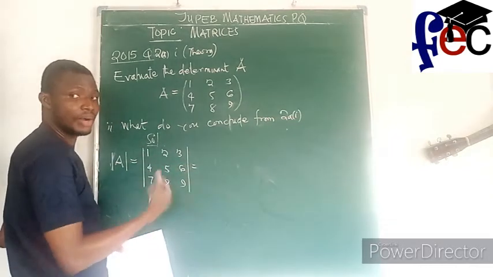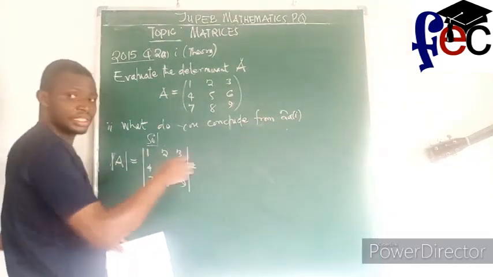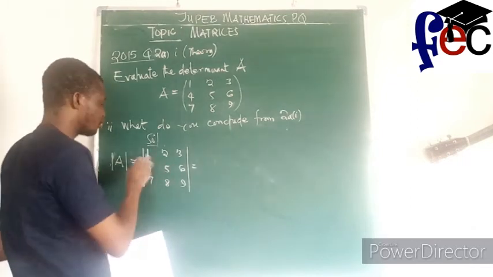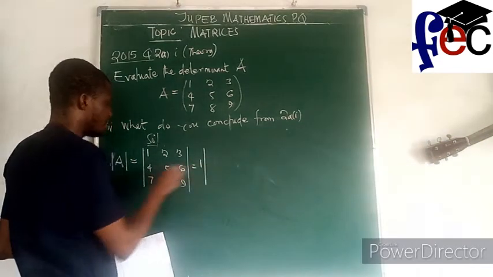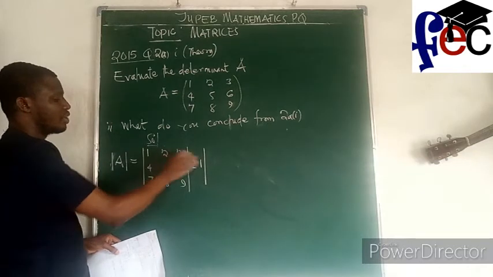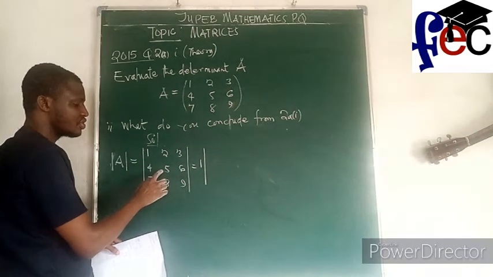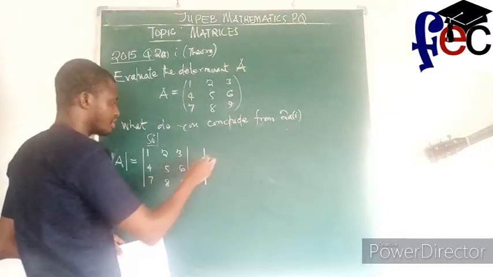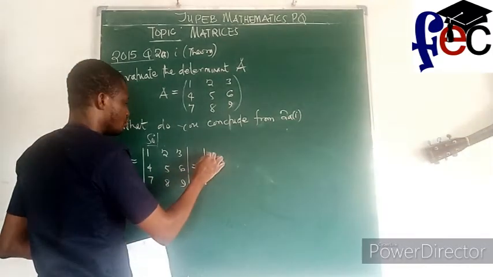Let's use our normal method, as we are used to. So using the elements along the first row: 1 multiplied by, once you close up the row of 1 and you close up the column, what do you see? 5, 6, 8, 9. That's the matrix we'll see. So it's a 2 by 2 matrix.